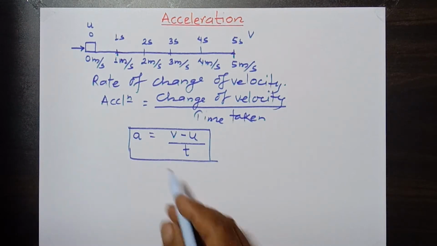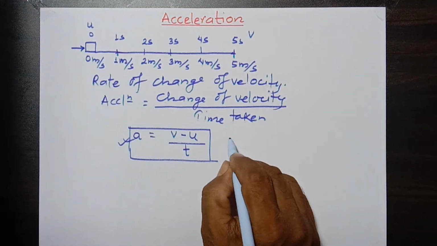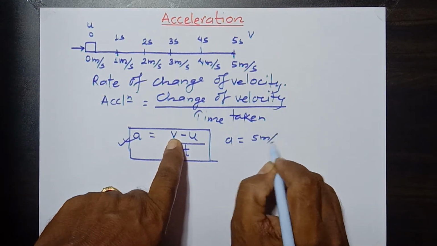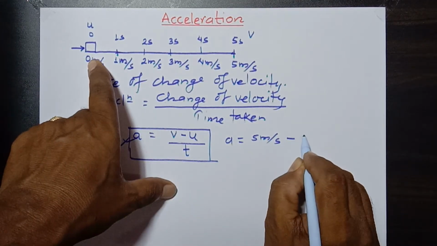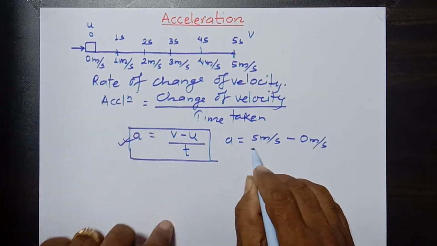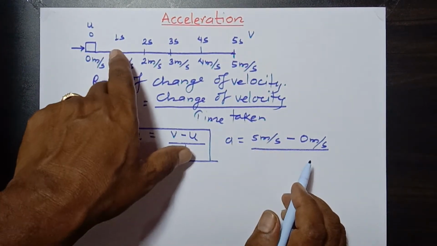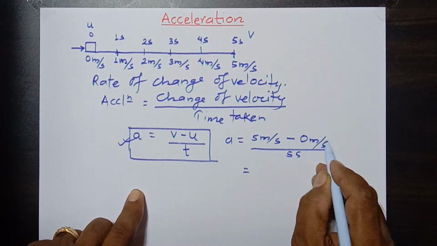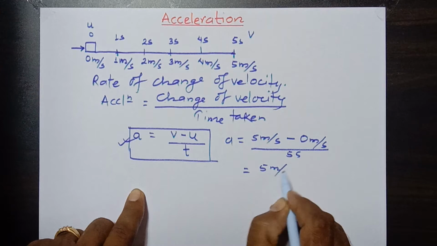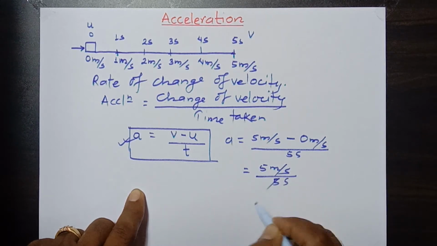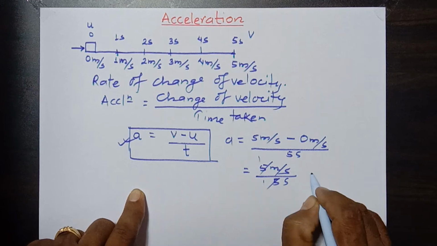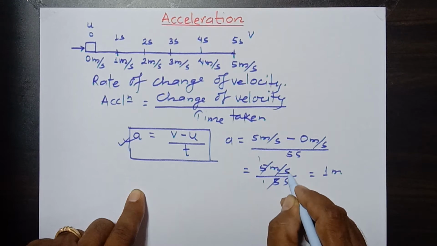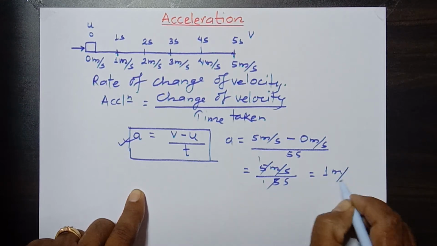Now in this case, how much is this? a equals final velocity 5 meter per second, initial velocity 0 meter per second, and the time taken to gain this much change is 1, 2, 3, 4, 5 seconds. So a equals 5 meter per second minus nothing, meaning 5 meter per second, divided by 5 seconds. 5 cancels 5, so the acceleration will be 1 meter, which is in the numerator, and seconds are in the denominator twice: meter per second square.